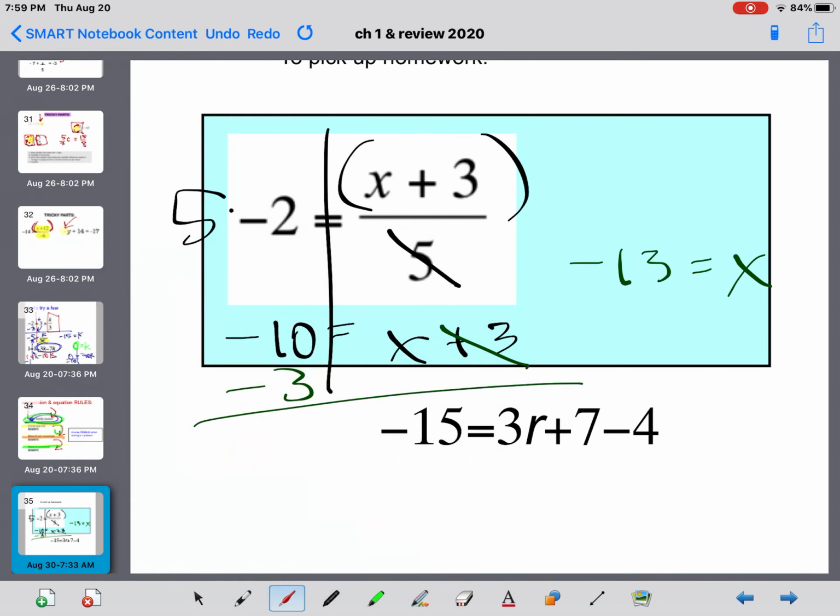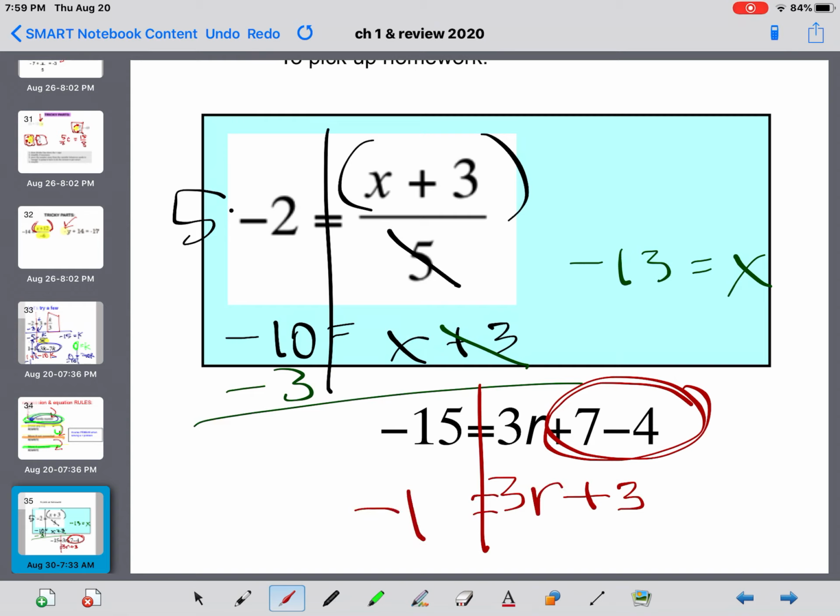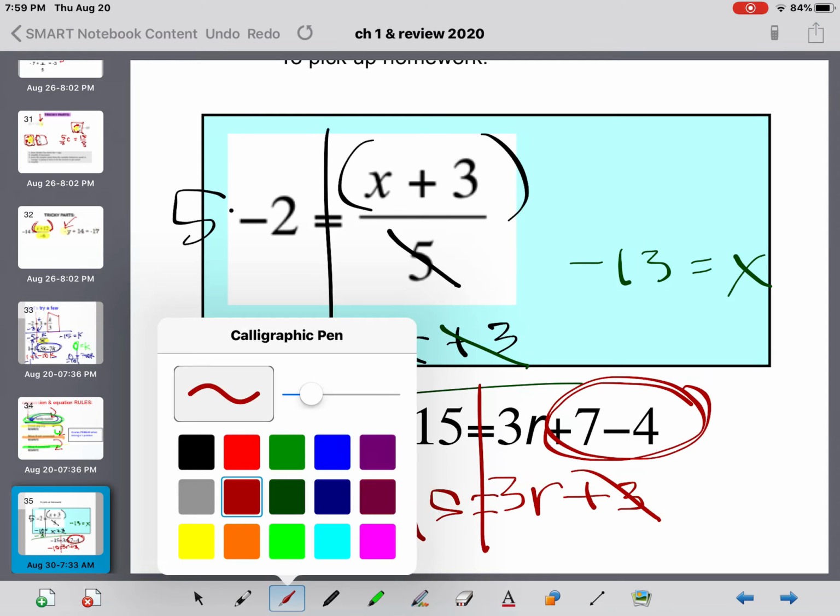This one is from your homework. Let's try it as well. I can see that these two things are going to have to go together before I do anything. That's going to be positive 3. I'm going to rewrite it. Now, my next step is going to be that I'm going to move the number that's not connected.